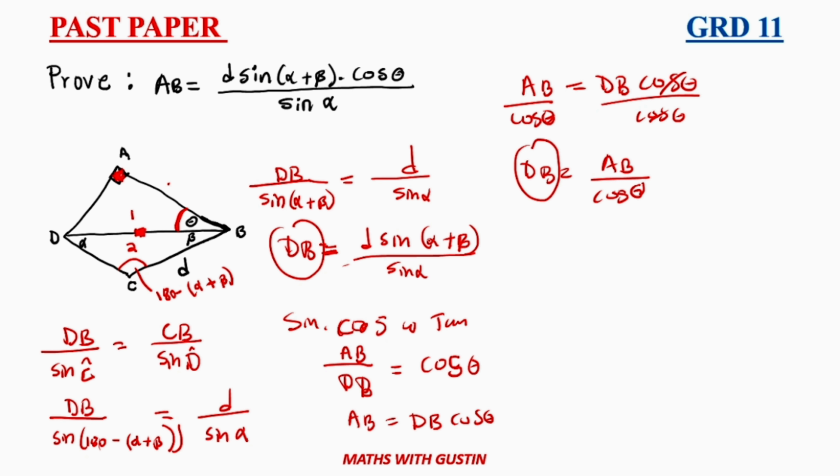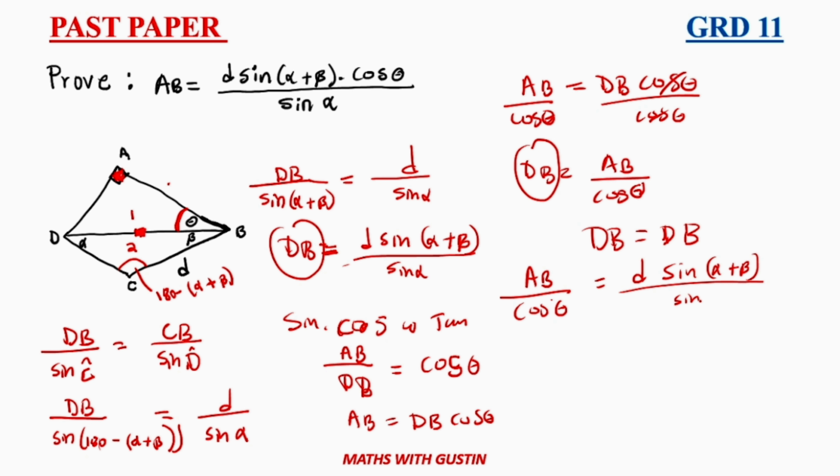So therefore, the two DBs will be equal to each other. All right, there you go. Sharp. So now the two DBs are the same. So it's going to be AB over cos theta, and then this is the other one there, D sine theta plus beta, close bracket, all over sine alpha.